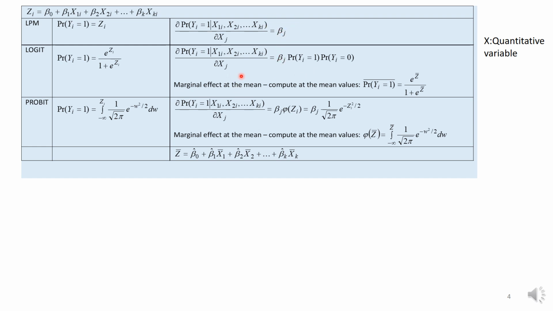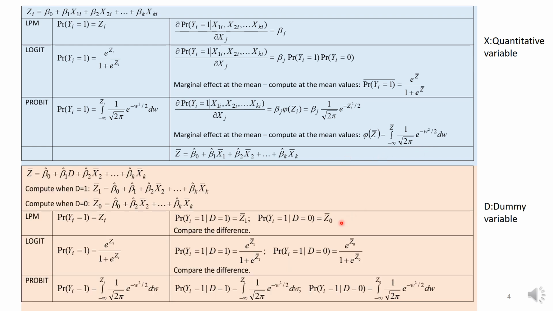But for logit, this is how you compute your marginal effect: you have your estimated coefficient times the probability of y equals 1 times the probability of y equals 0. So if you want to compute the marginal effect at the mean, you compute this z value with all your x at the mean values. For your probit, you need to do the same, but now you are using the cumulative standard normal distribution.